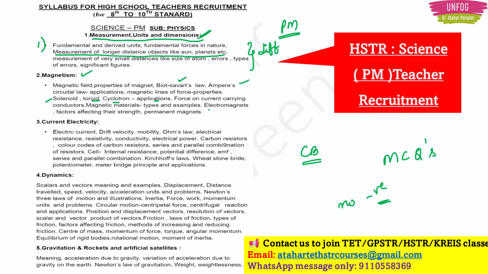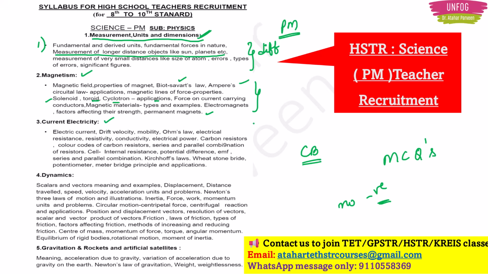Then you have force on current carrying conductors. Then magnetic materials types, electromagnets, factors affecting their strength, permanent magnets. So much different is there. Of course, all of this is also from the PUC part only. Or if you take an ICSE textbook, maybe you will get some of the topics from this chapter in 10th standard.